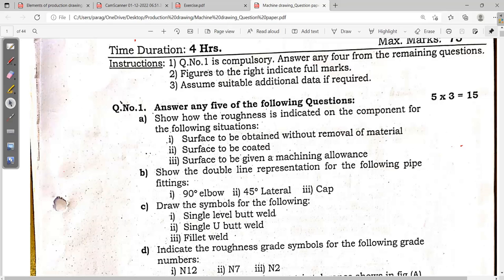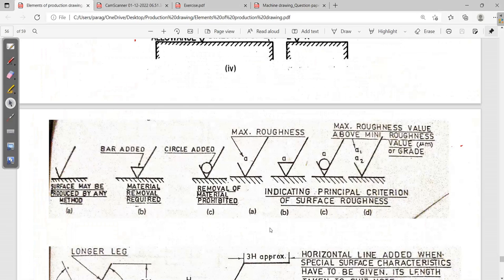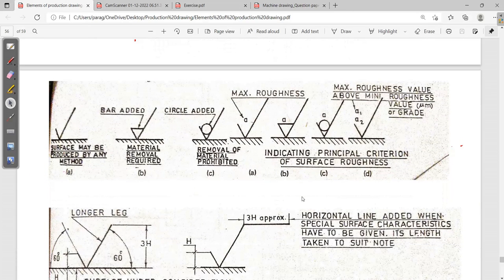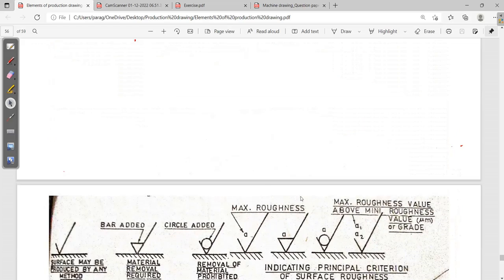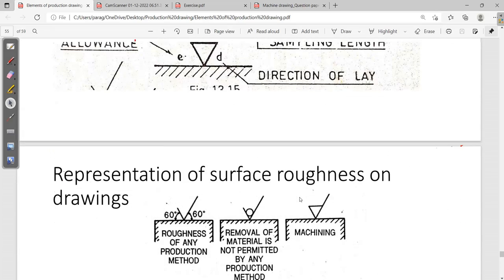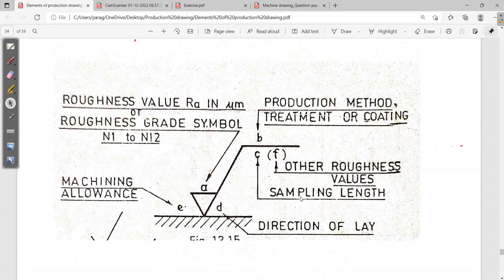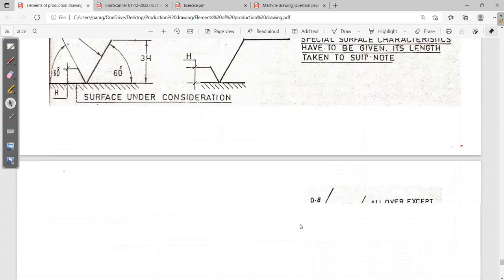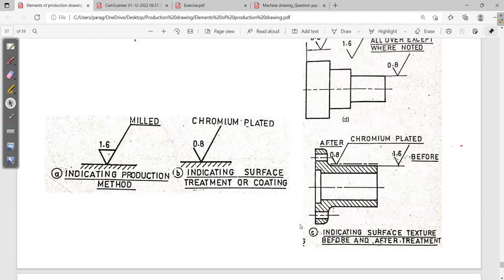Next, surface to be coated. Coated means it can be chrome plating, or nickel plating. Which symbol?